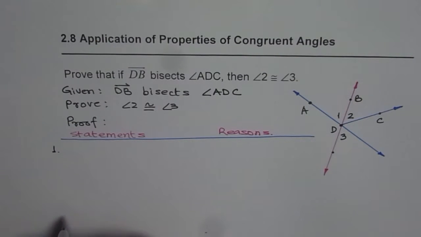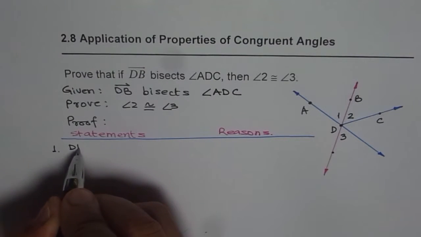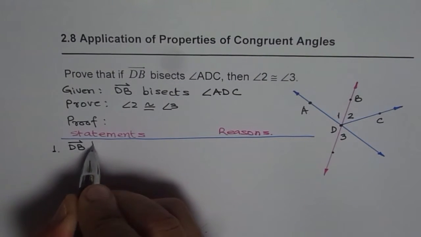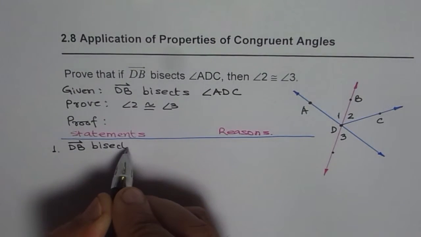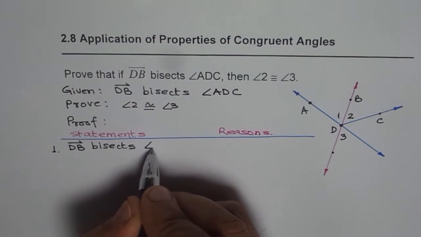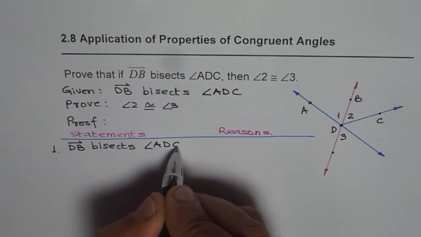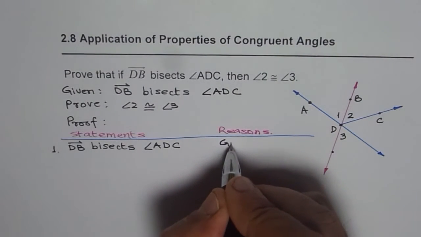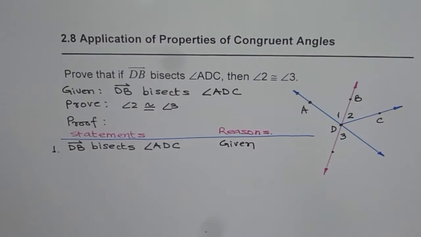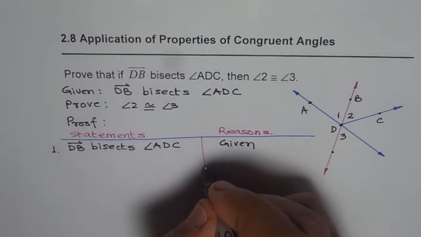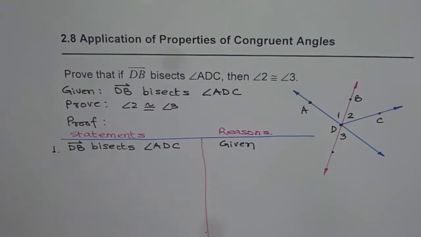So what is given to us is that the line DB bisects angle ADC, and that is given to us. We can always draw this line here. Now what does that mean?